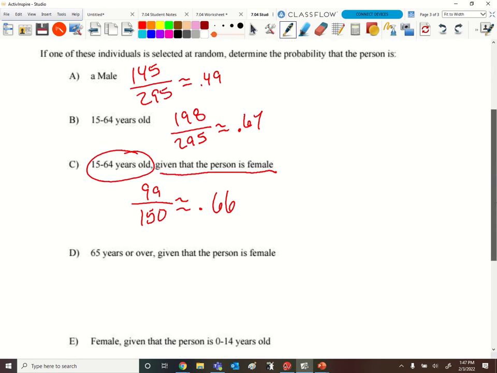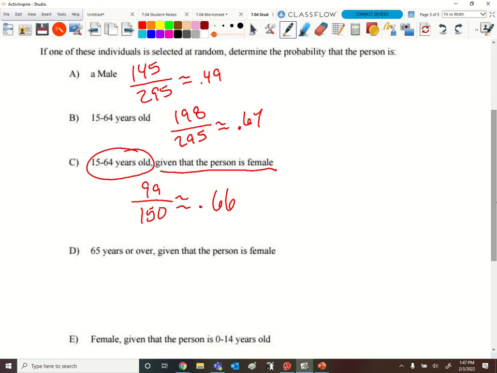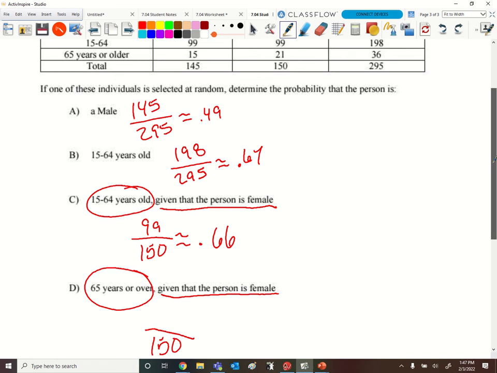Next one. So we start with the given, right? Given that the person is female, so what goes on the bottom? 150. And now I'm only looking at the category of 65 and over, right? 21.